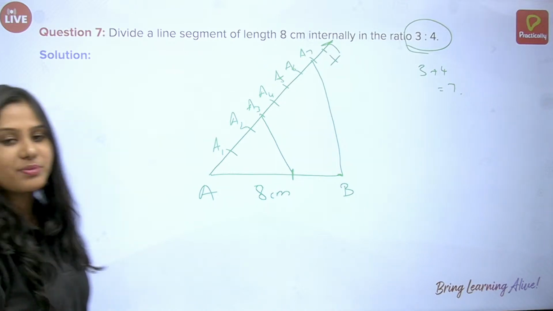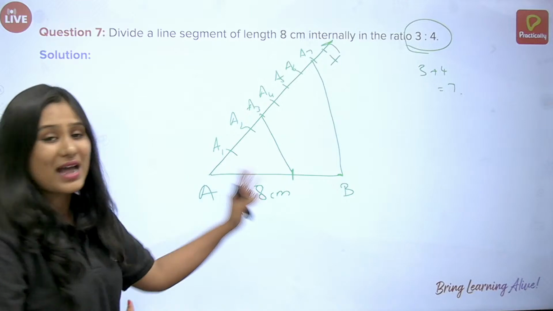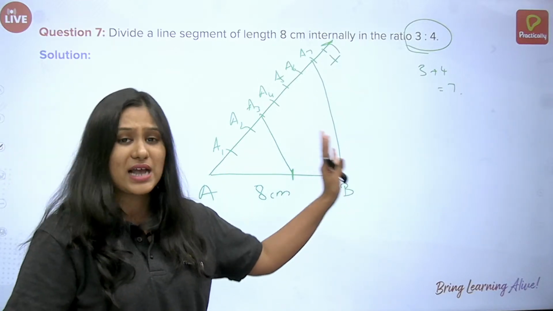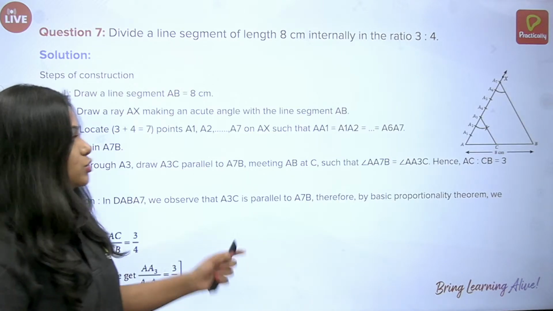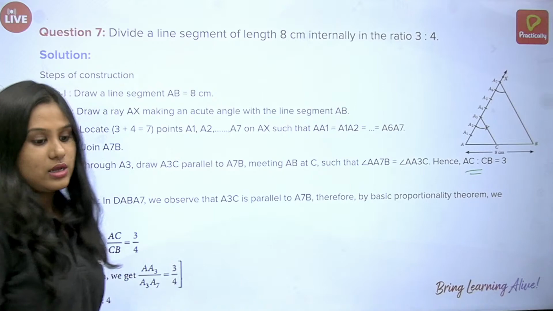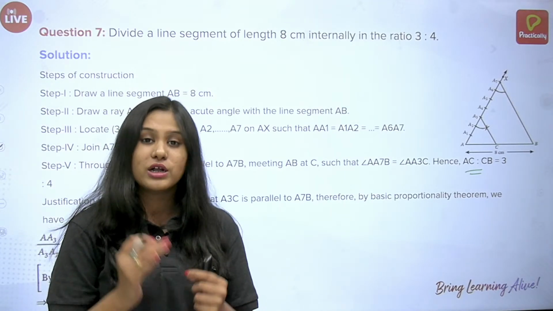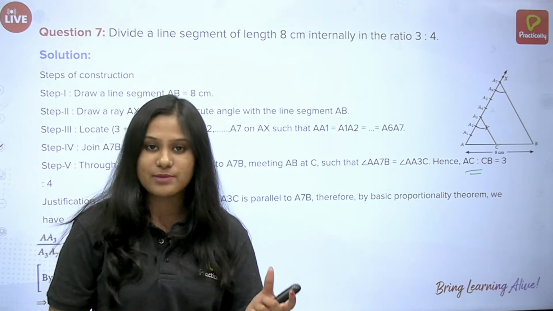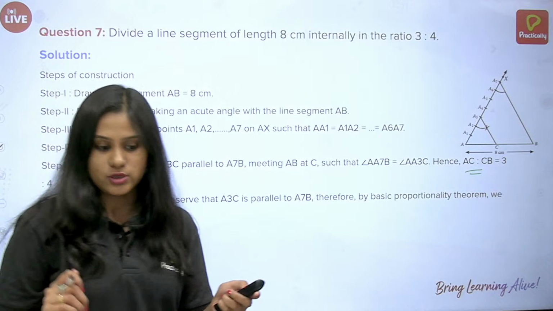Now this will divide in the ratio 3:4. I know it is not exact length because I did not use a ruler, but please use a ruler. So you'll be getting something like this. Here is a small note. Please check all the types of problems in constructions, and also the theorems of circles.